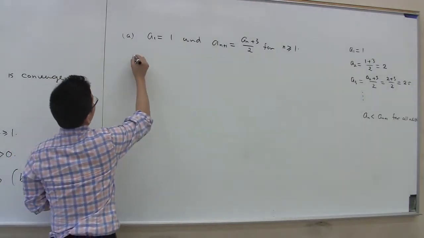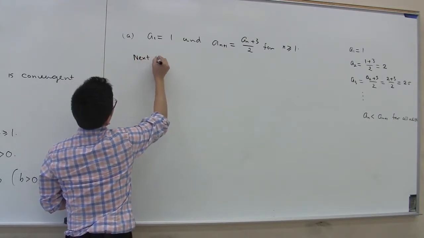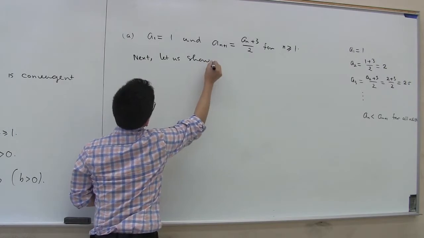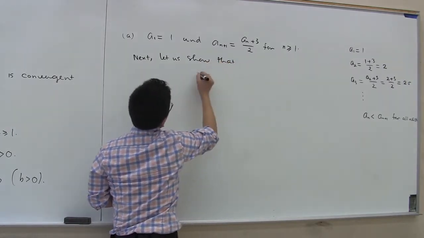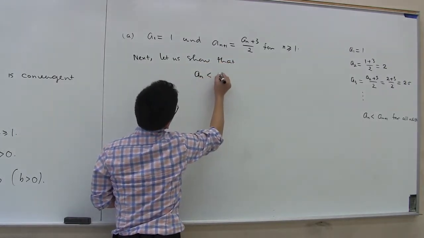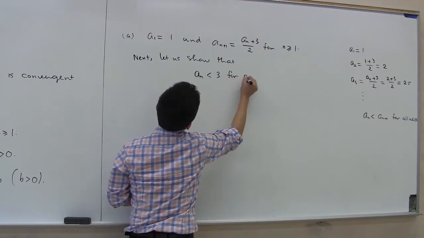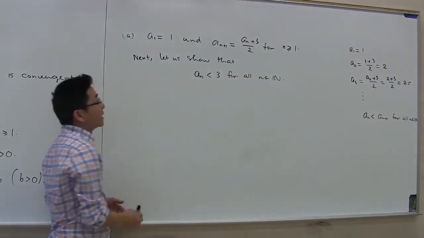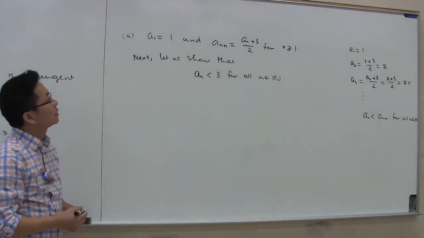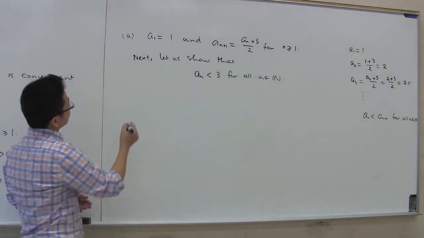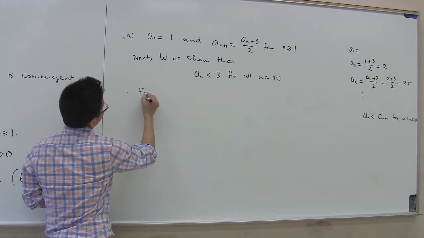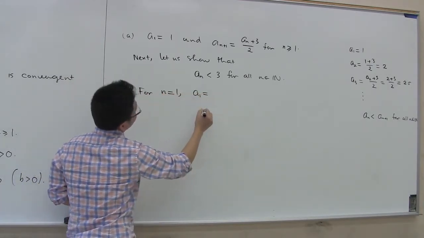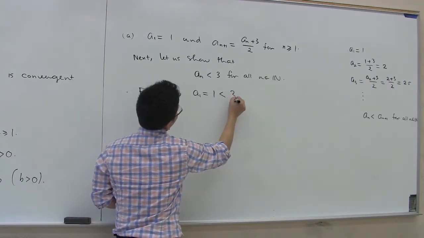Next, let us show that a_n is less than 3 for all n in N. That means a_n is bounded above by 3. For n equals 1, a1 is equal to 1, so it's strictly less than 3.